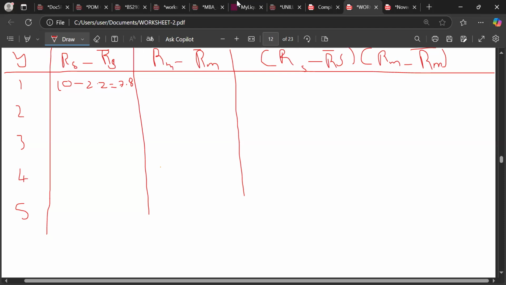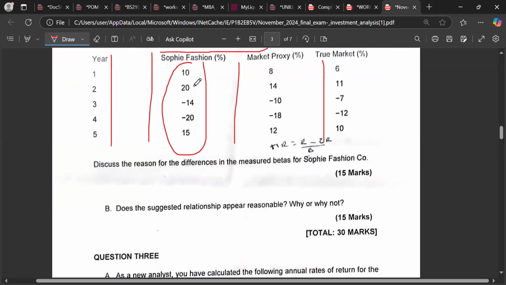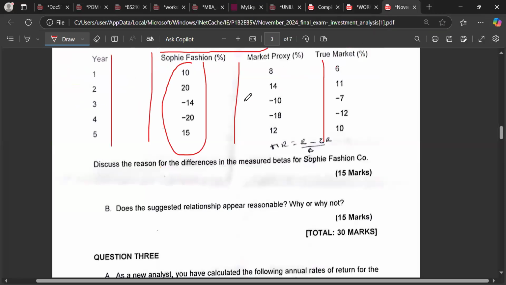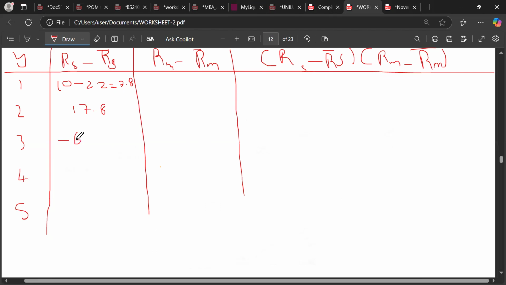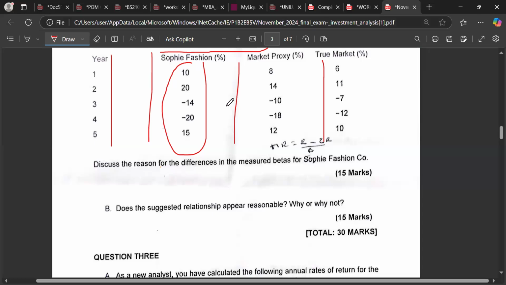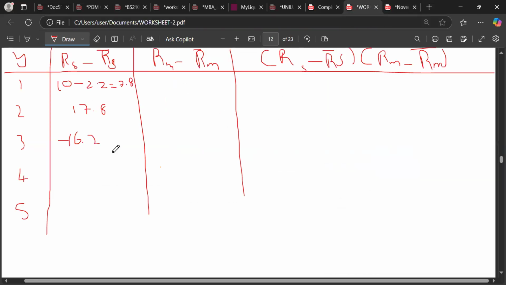Okay, so based on this, we apply the same concept. 20 minus 2.2 gives us 17.8. Then negative 14 minus 2.2 gives us negative 16.2. Then the next one is negative 20 minus 2.2, which gives us negative 22.2%.